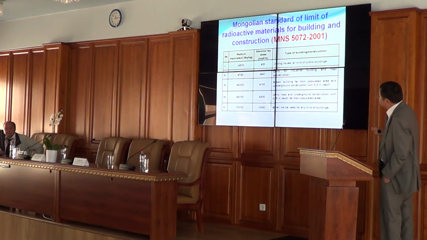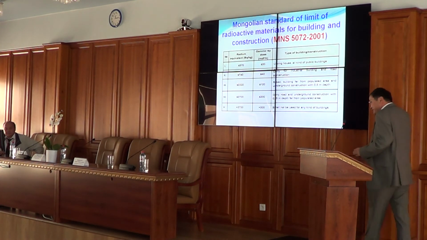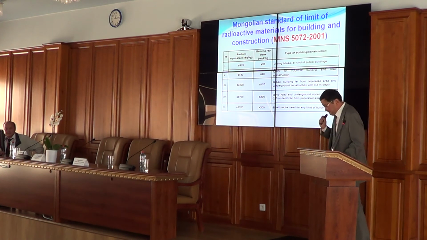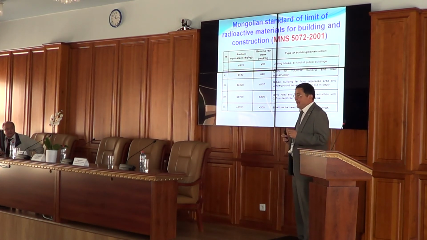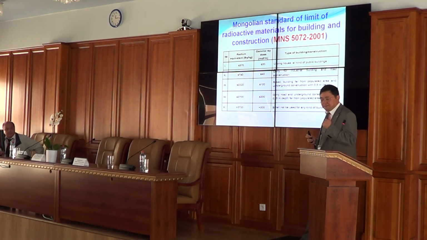And Mongolian standard challenges. A very important thing is that when I began to work on fly ash and coal combustion products, I got very high pressure from media and other people, because people think fly ash or coal has radiation.